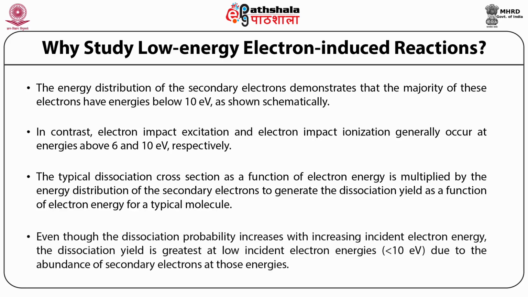Even though the dissociation probability increases with increasing incident electron energy, the dissociation yield is greatest at low incident electron energy, less than 10 electron volt, due to the abundance of secondary electrons. Those energies clearly demonstrate the importance of low energy secondary electrons in causing high energy radiation induced chemical damage.